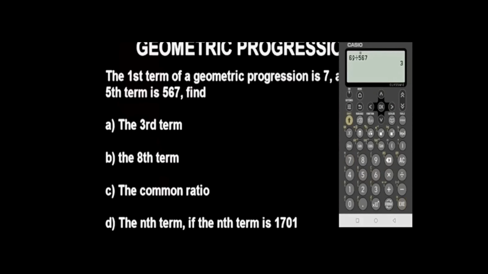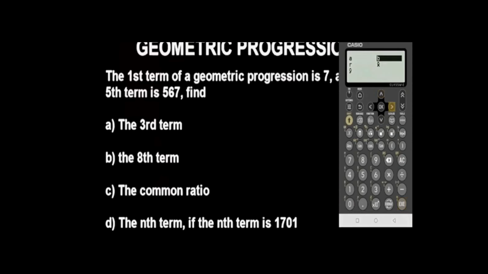Last, we have to find the n term if the term is 1701. So to find the n term, remove this, go back to catalog. Under statistics, go for regression.